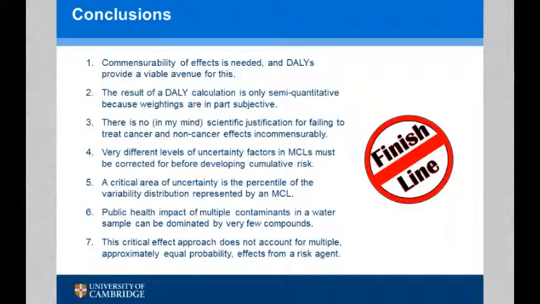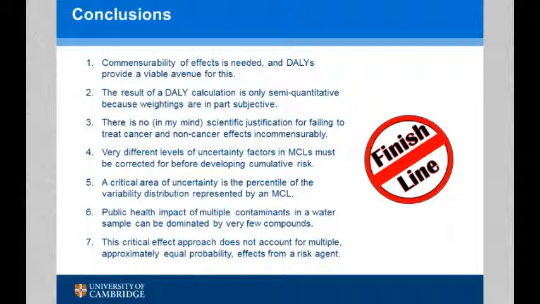We don't know what the percentile of the variability distribution represented by an MCL is. There's some work by Dowerson and so forth to try to get at that, but I think that getting a better handle on what these uncertainty factors do to producing the variability distribution for public health impacts or risks in a population is really a necessary area for us to go through if we want to do cumulative risk.